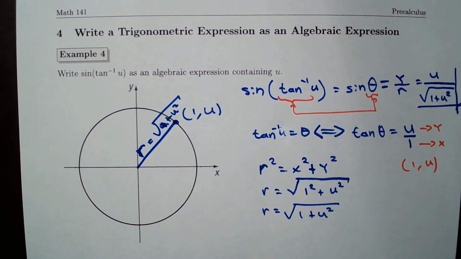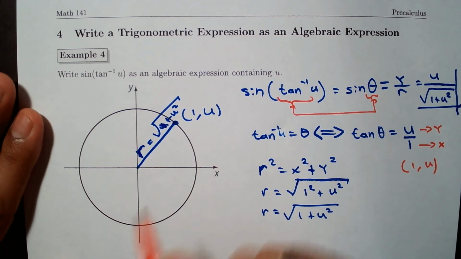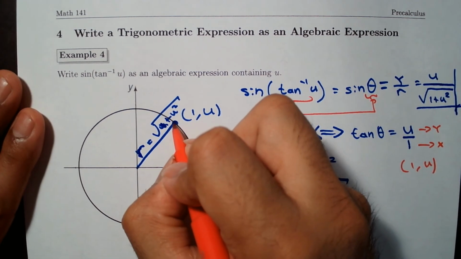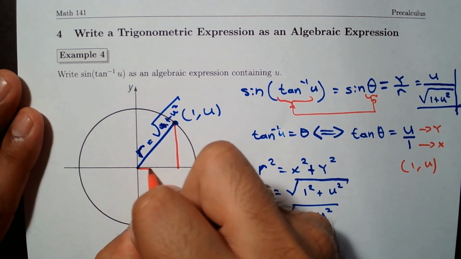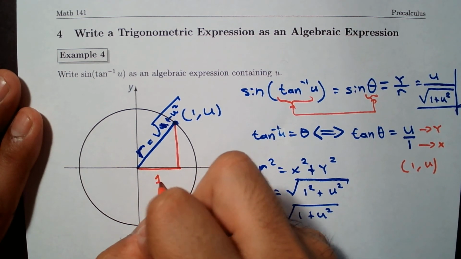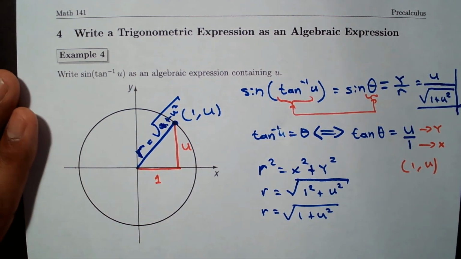So when you take calculus, you will look at this, but instead of having a radius of 1, you will turn this into a triangle, a triangle in which x is 1 and u is y.